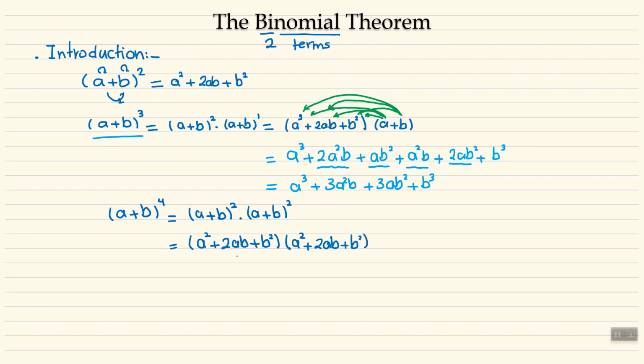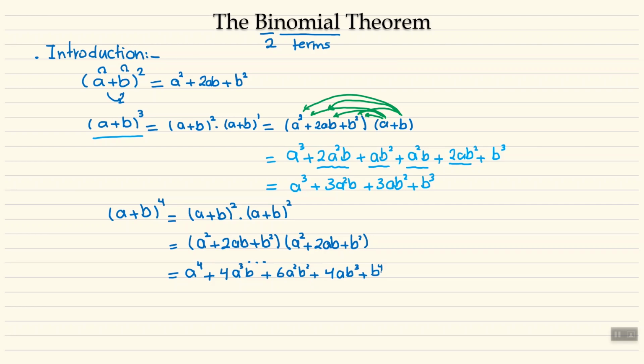And then we'll have to expand all of them, multiply a squared by the whole thing, and 2ab by the whole thing, and b squared by the whole thing, and then collect like terms. If we do the whole process, we will get something like this. We will get a to the power of 4, plus 4 a cubed b, plus 6 a squared b squared, plus 4 a b cubed, plus b to the power of 4.